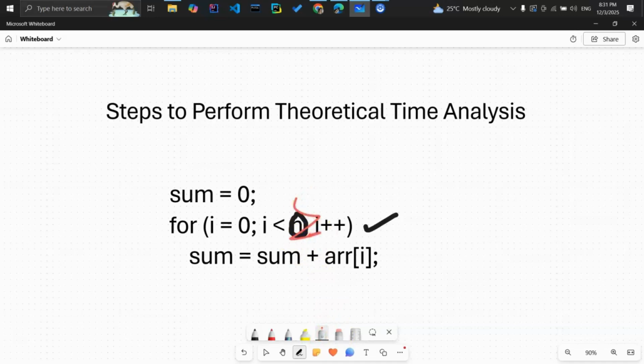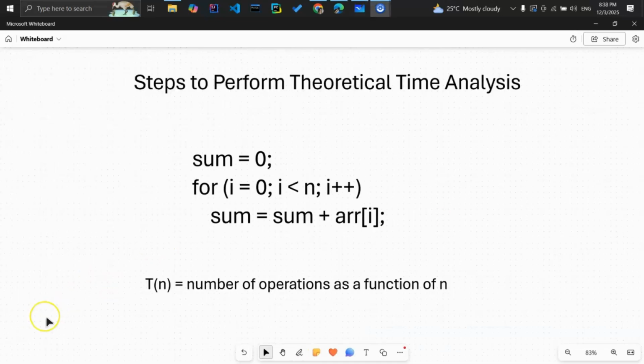If it is a nested loop, it should run n squared times. Therefore, this runs n times. Then we should express running time as a function of input size.